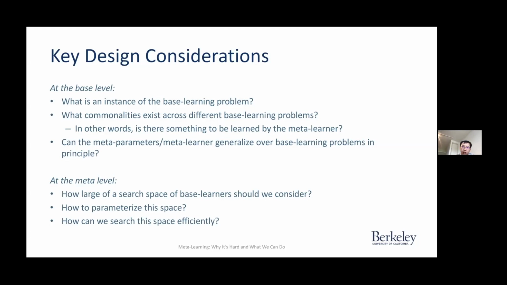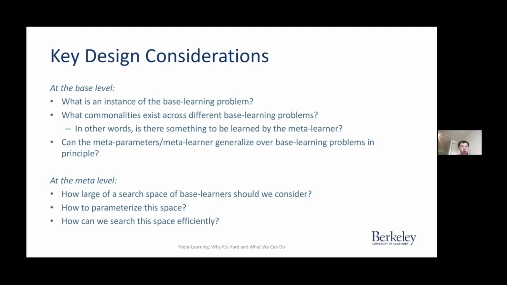Do we want to think of that as training a particular model on a particular data set? Do we want to think of that as training a particular model on a family of data sets, for example? What commonalities exist across the different base learning problems?